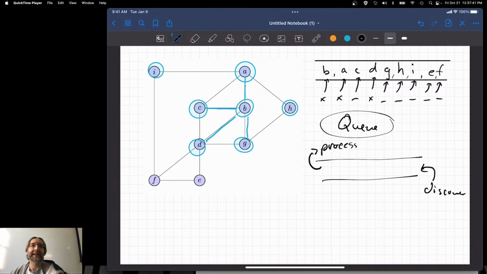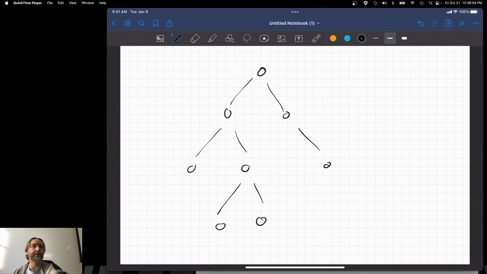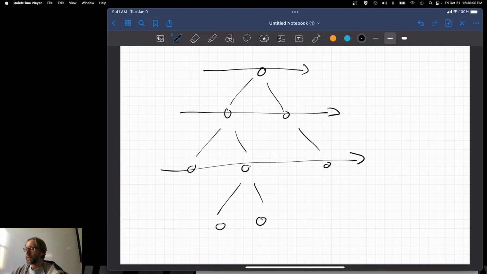In fact, it's the exact same code. I don't know if you remember, but when we did DFS, like pre-order traversal, all you had to do was change your data structure from a stack to a queue, and you had BFS on a tree. If you have a tree here, what does a BFS look like? You start top to bottom, left to right.